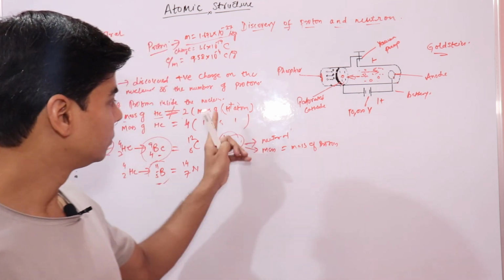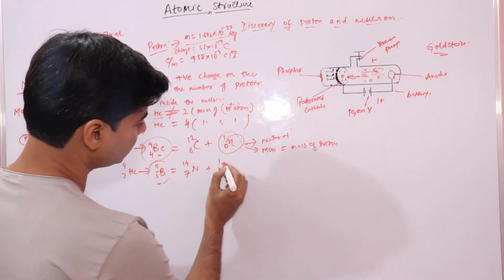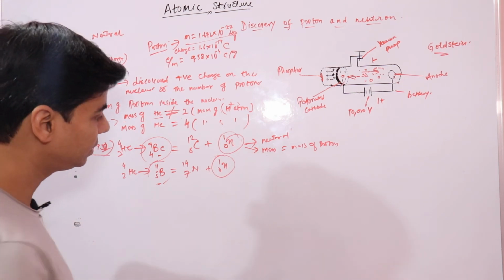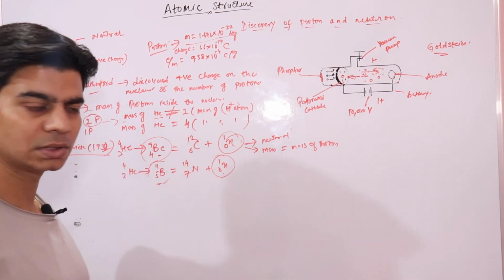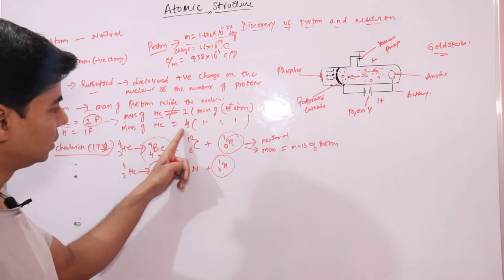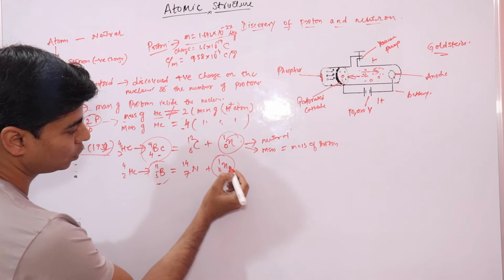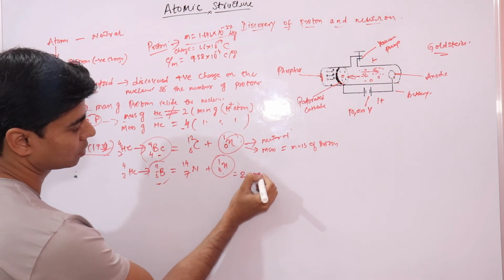These missing units were due to these neutral particles, neutrons, because they are neutral. So the 2 units we are missing are due to these 2 neutrons.